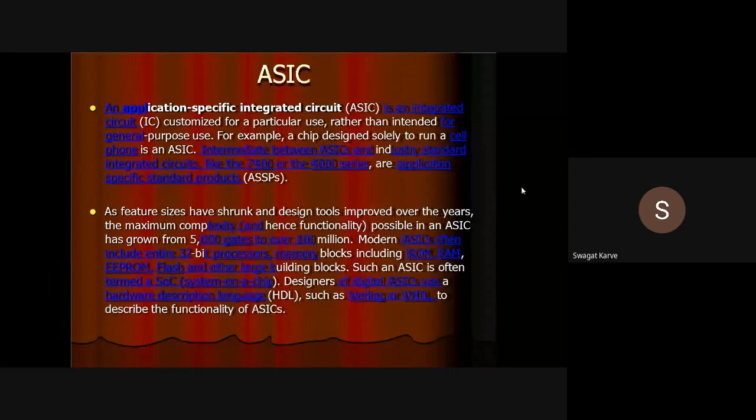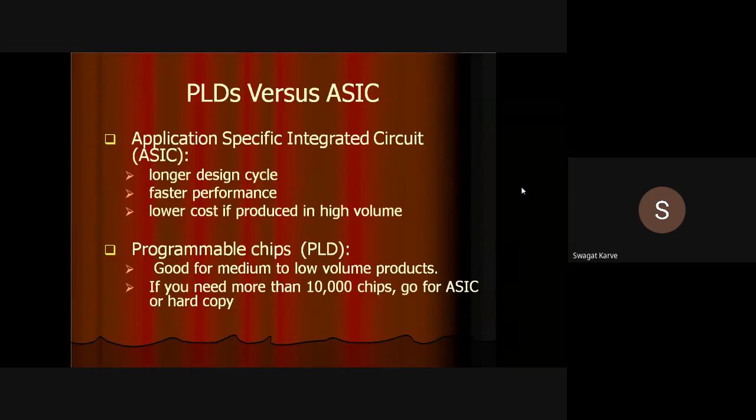That means the designer has such a strong tool to program that ASIC. So that is about the ASIC, application specific integrated circuit.